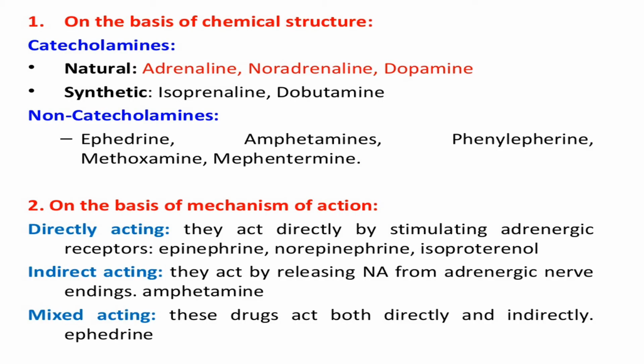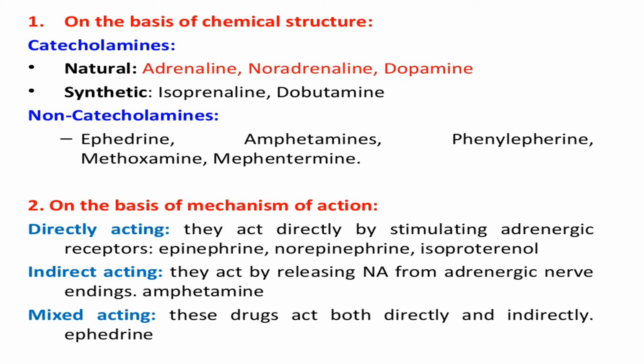So on the basis of chemical structure, our agonist drugs are divided into two. As I've mentioned, the first is the catecholamines, and the second is the non-catecholamines. These are again the examples under catecholamines. We have the natural catecholamines, the top three: adrenaline, noradrenaline, and dopamine.